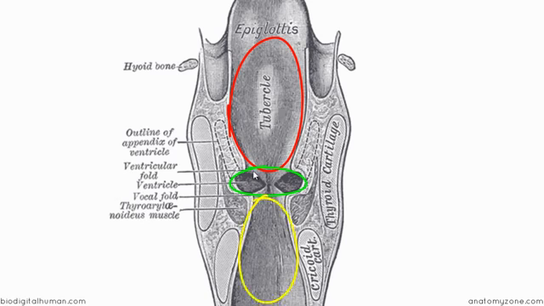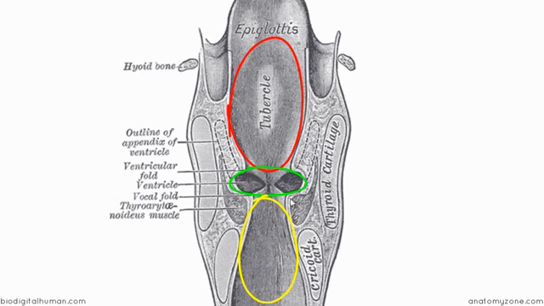The upper compartment is above the vestibular fold and below the laryngeal inlet. So it's this area here, and this is called the vestibule. The middle compartment lies between the vocal folds and the vestibular folds, so it's this middle region here, and it's a very thin little space.